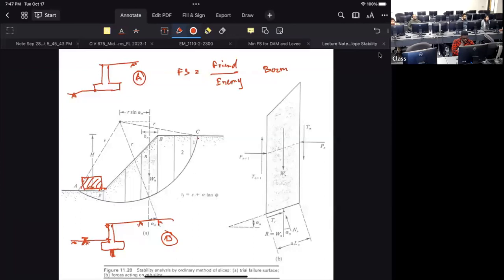So what is happening on this retaining wall? This retaining wall is trying to push the soil. So whatever soil you have on this side will try to push it back, like this. That's the reaction from the soil.